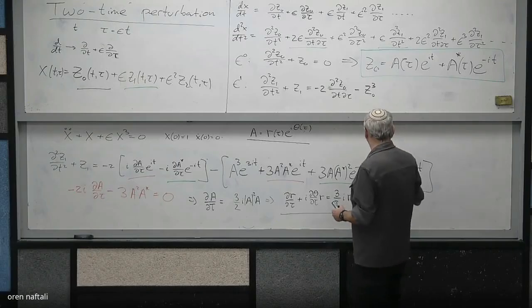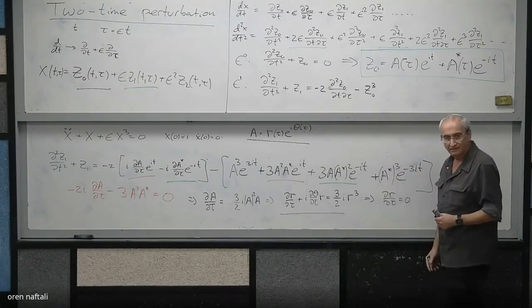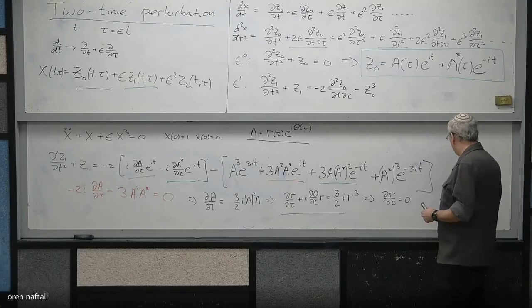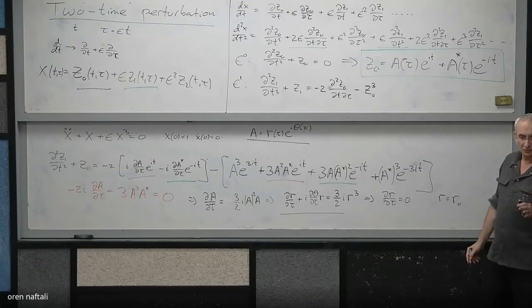So this equation gives us actually two equations. One of them is dou R dou tau is 0. That's the real part, meaning that R equals R naught. I started at a certain R, this is R for good.